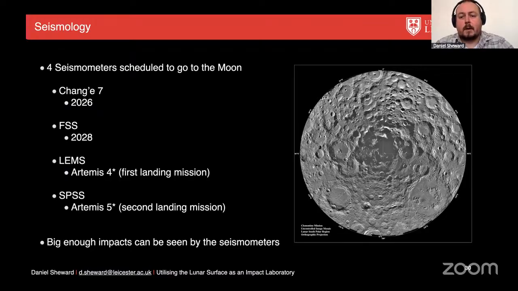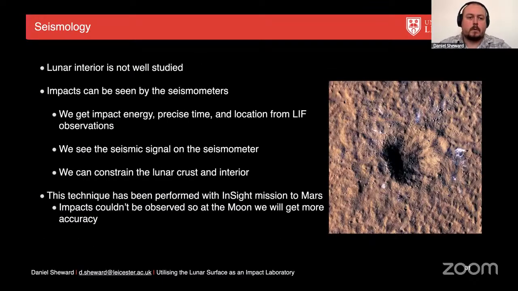If you get an impact flash that is big enough, you can actually see the resultant seismic waves on these seismometers. And this allows us to do a lot of really cool science, because the lunar interior is not well studied at all. We don't know a lot about the crust, its thickness, and what's below. So this is a way to actually probe that.